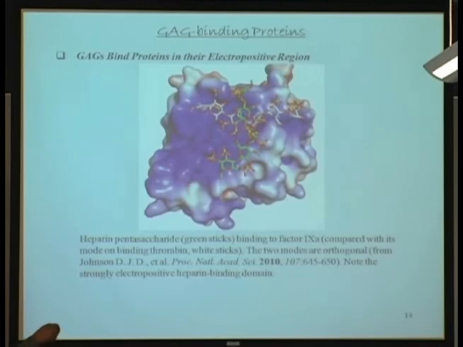And this is really true. This site in thrombin is called exosite 2. For the most part, I think people have not started calling it exosite 2 in 9A or 11A, but it's a homologous site. You can see the blue is basically all positive charge, strongly electropositive.